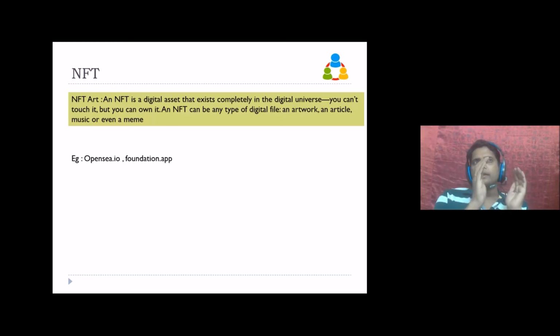Tokenizing means they will create an NFT token and map it onto the digital asset, and you can set a value for that particular asset, and then they will help you list your tokens.